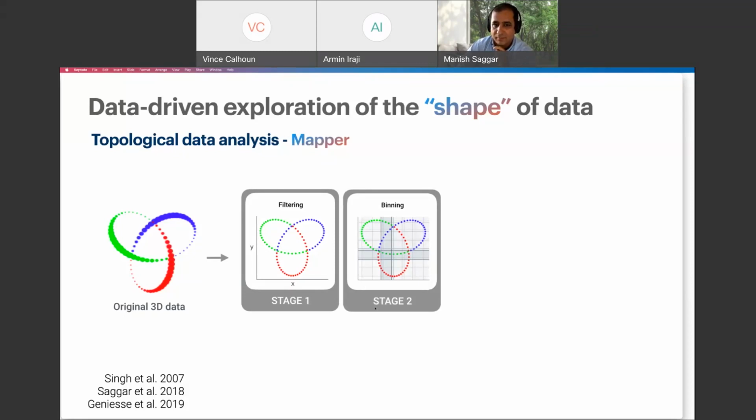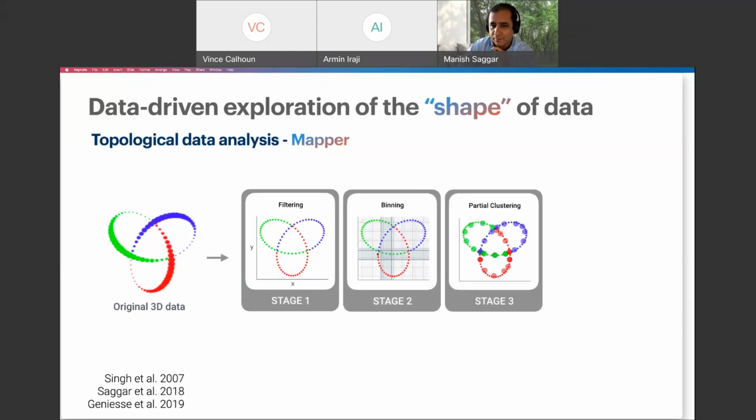And that's done in Mapper by following additional steps. So the first step is just to do some kind of binning. You can do N-dimensional binning, or you can do binning in some kind of k-nearest neighbor graph as well. And once you do the binning, this is where the magic happens, this step called partial clustering, where Mapper tries to retrieve the lost information, or some aspect of lost information, back into the low-dimensional space.